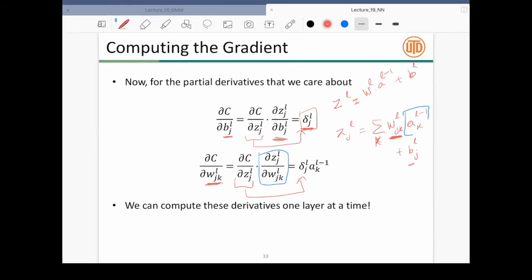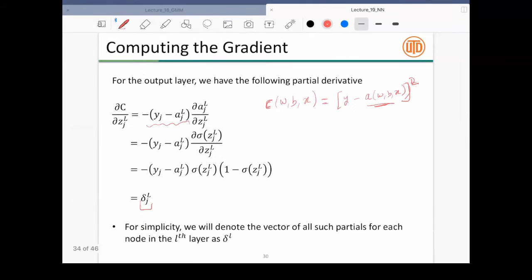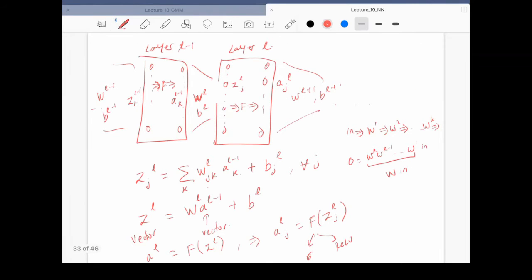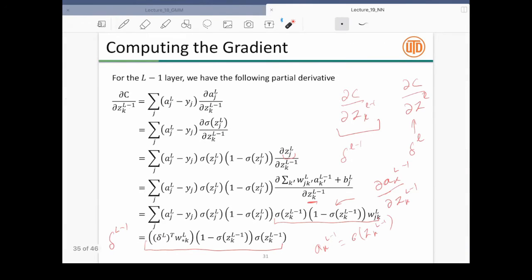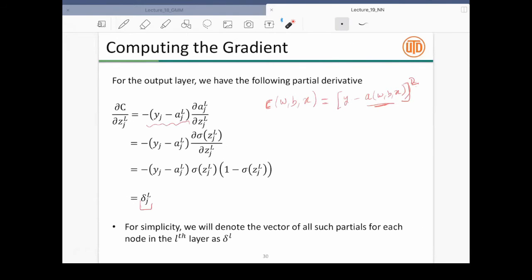So to summarize, maybe there was a lot of math, so I'll go over the high level intuition again. Remember this diagram. We are starting from the Lth layer, from the very end, and we are trying to propagate the gradient information backwards. We started with the last layer and took the gradient with respect to Z, and we defined this as delta capital L. At every layer L, we can define this as delta sub small L. So the question is how do you go from layer L to layer L minus 1?